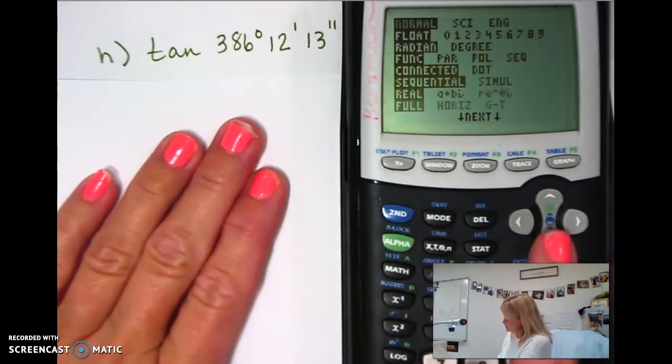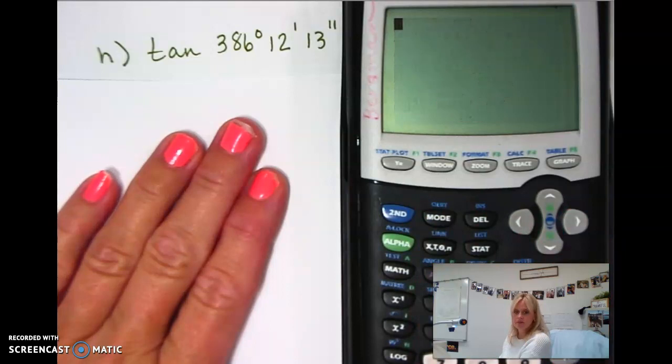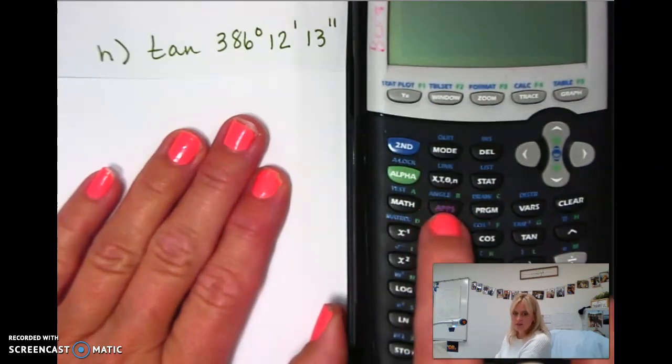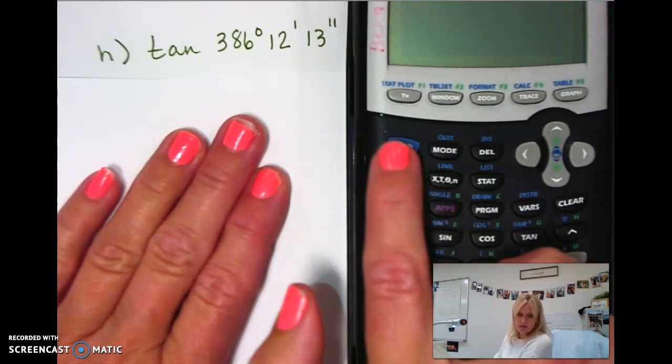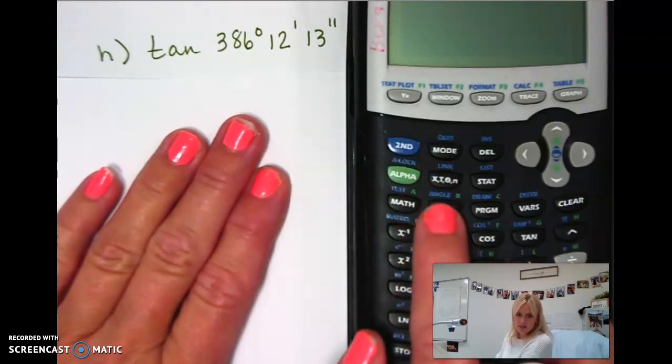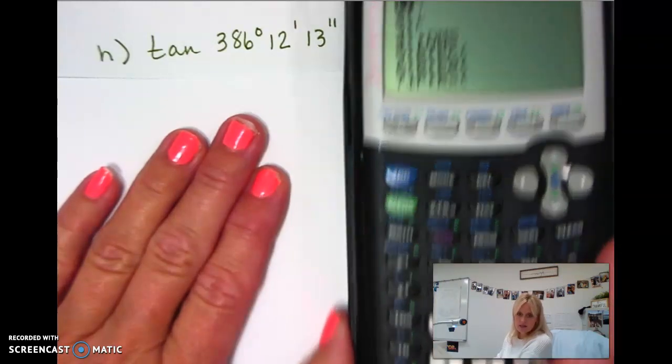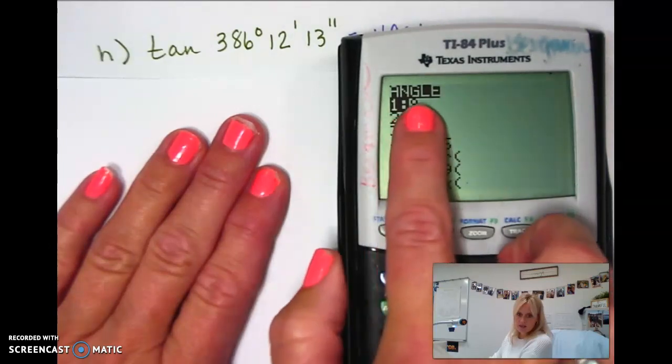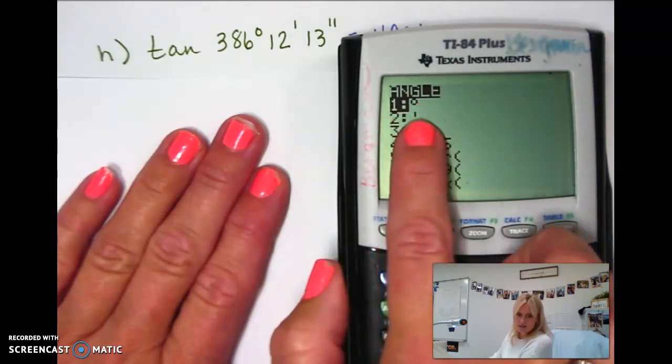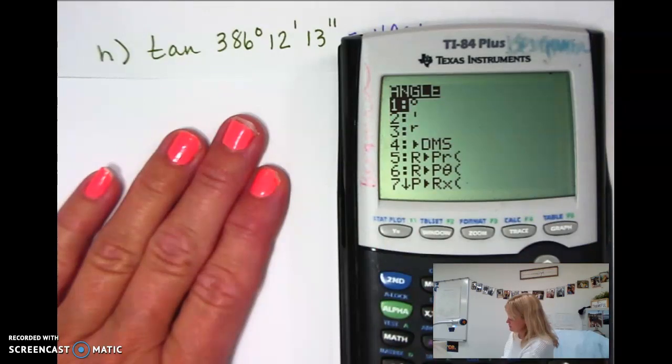I'm in degree mode, so I need to make sure that my calculator is in degree mode. And now I'm going to enter this in as the tangent of 386. And now if you look under this apps key, right above it, it says angle in blue. So I have to hit the second angle key, and it gives me degrees and minutes. So this is in degrees, so I'm going to hit enter.